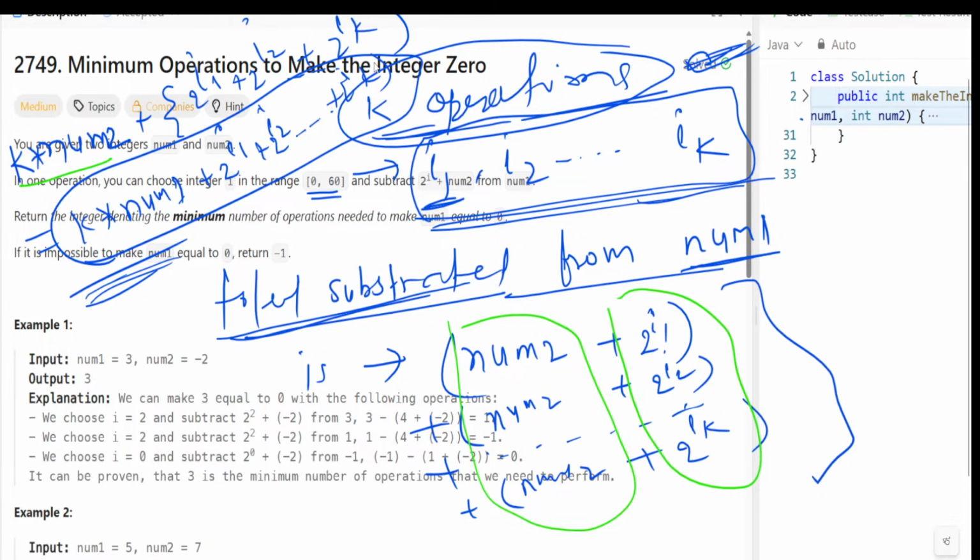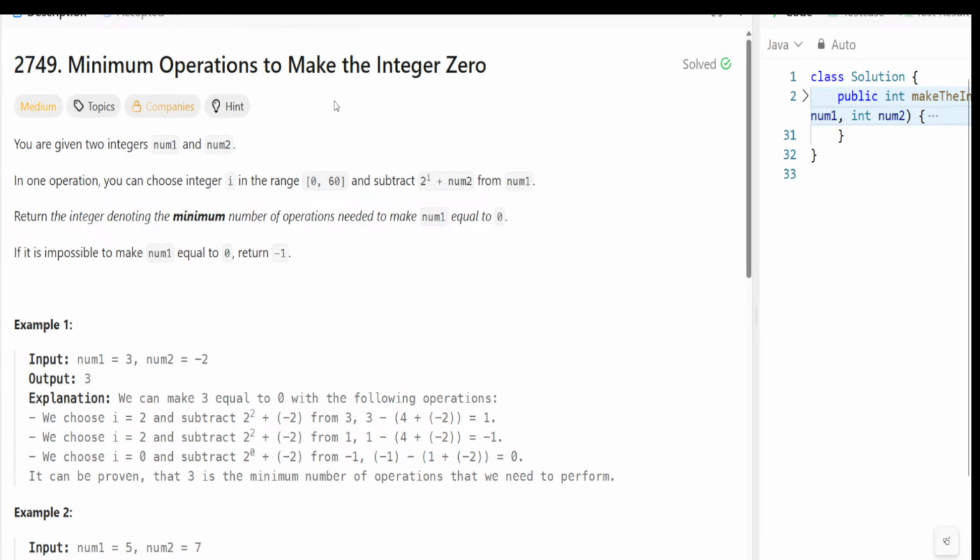Let's try to go. Let me remove this. Okay, so very first, we were talking about what? 2 to power, we have to multiply, right? K into 2 to power I. What was there? I forget. Let me go back.